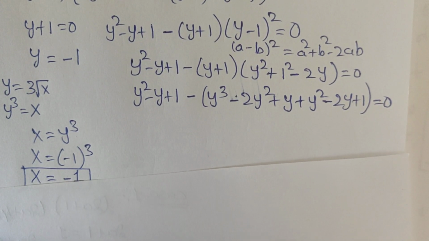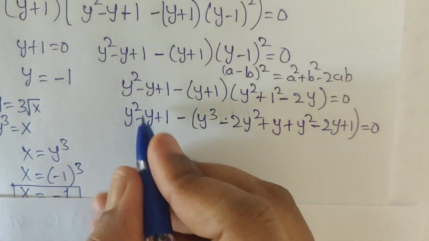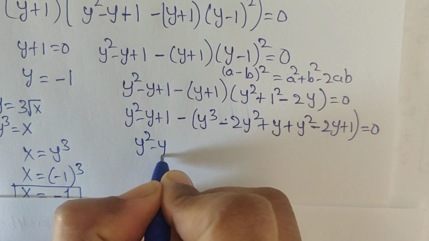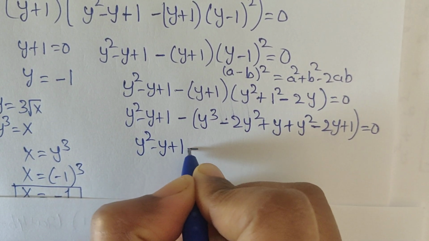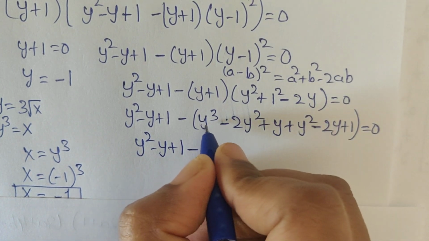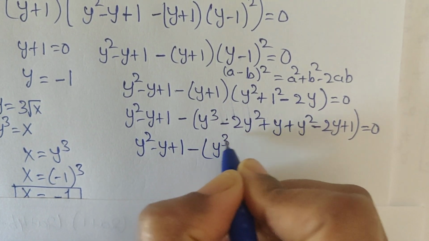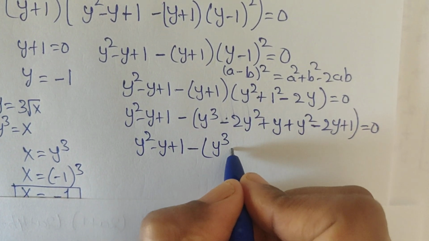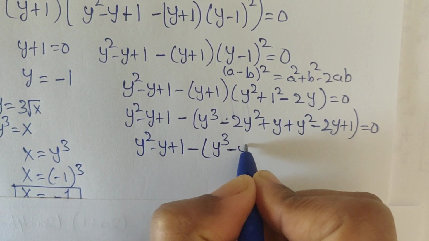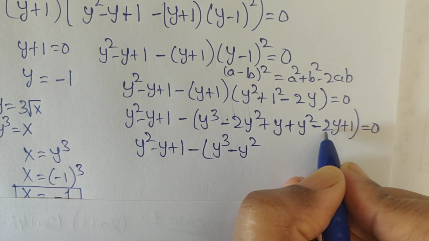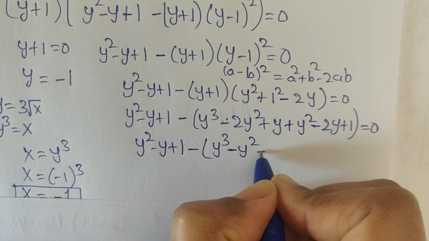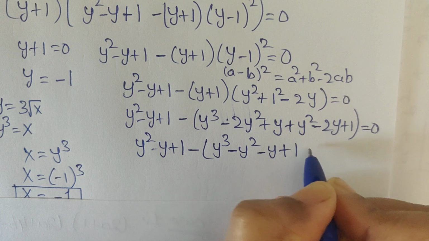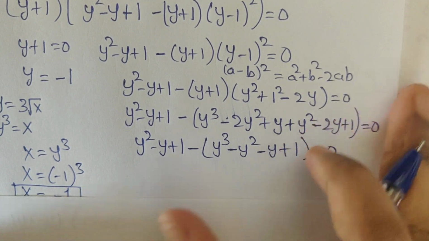So now y square minus y plus 1 minus, here y cube minus 2y square plus y square, which is equal to minus y square. Here minus 2y plus y is equal to minus y plus 1 is equal to 0.